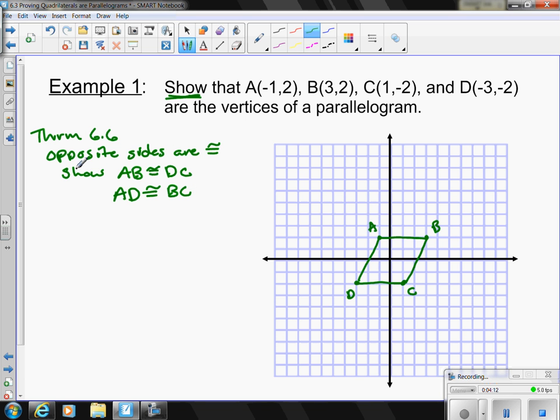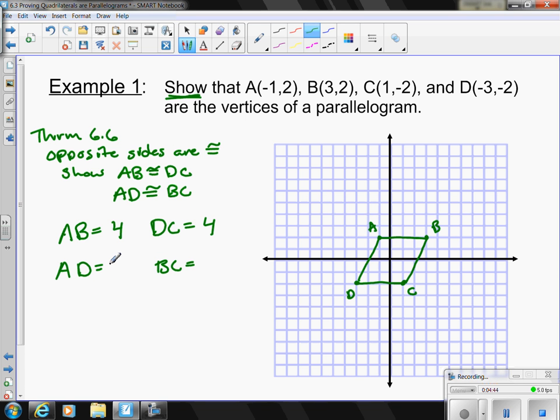If we're going to use this theorem, we've got to show that. How do we show that? We don't have to do much calculation to find the distance of this segment. We get to just count it. 1, 2, 3, 4. AB is 4, and DC is 4. Those were pretty easy. Now we can find the length of AD and BC.